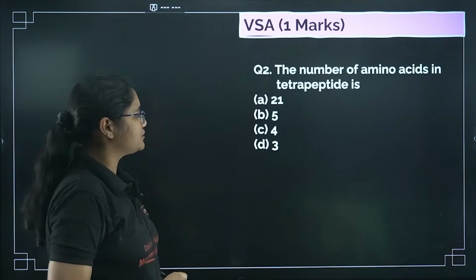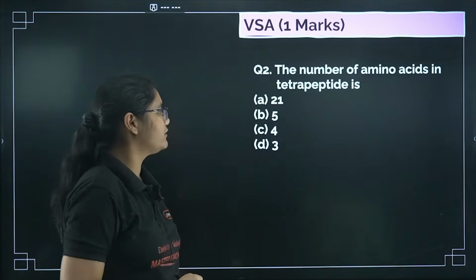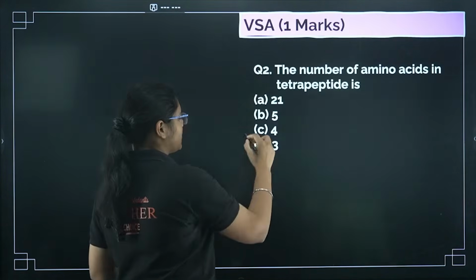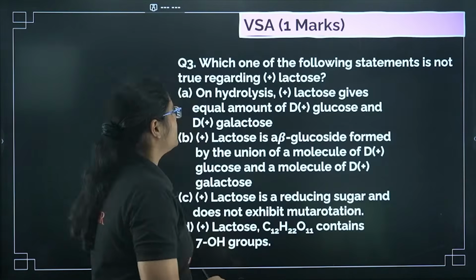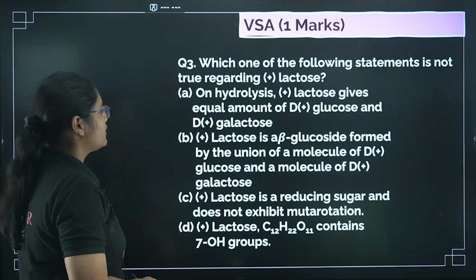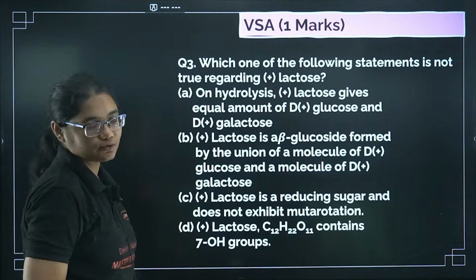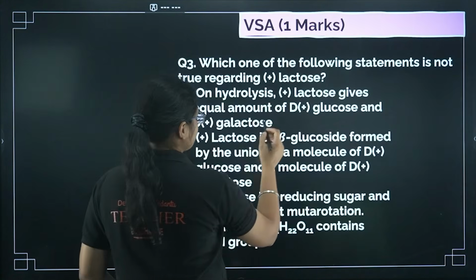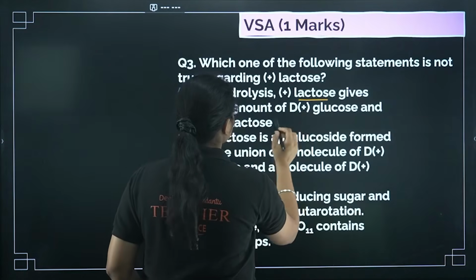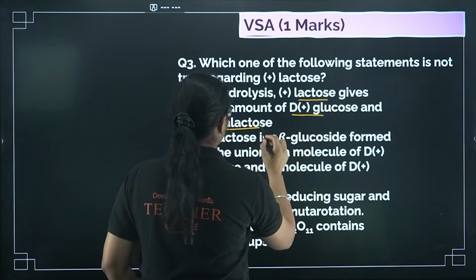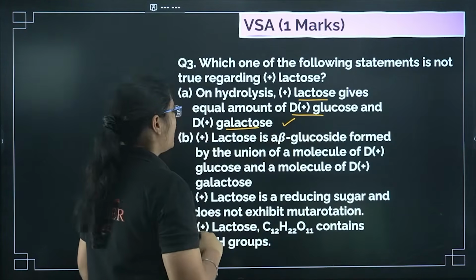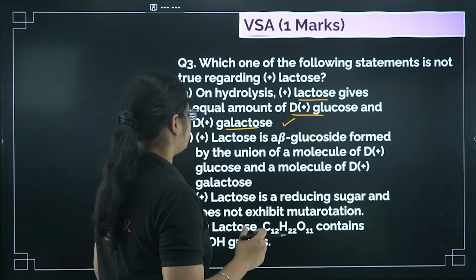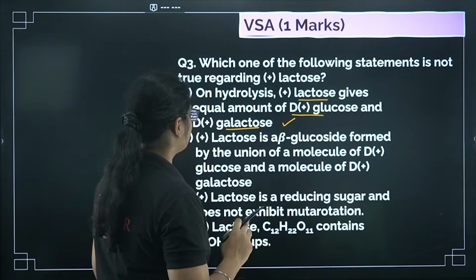Moving to the second question: the number of amino acids in a tetrapeptide. In a tetrapeptide there will be 4 amino acids, so option C here. Next, which of the following statements is not correct regarding lactose? Lactose is a disaccharide of glucose and galactose. On hydrolysis, lactose gives equal amounts of glucose and galactose. That is a correct statement. In lactose, there is a beta glycosidic linkage formed by the union of a molecule of D glucose and galactose.